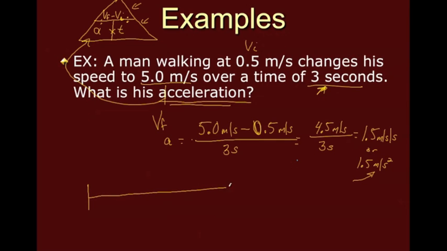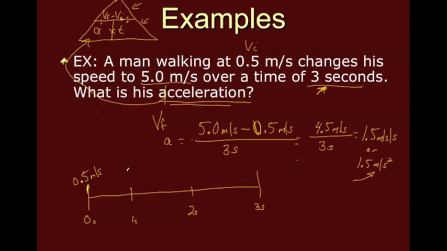Now, if I was going to draw a timeline, okay, and I'll try and draw this as straight as possible, and we have 3 seconds of total time. So we start at 0 seconds, then we have 1 second, 2 seconds, and 3 seconds. So over that time, we said a man is walking. So when we start taking the time, he's currently walking at 0.5 meters per second.